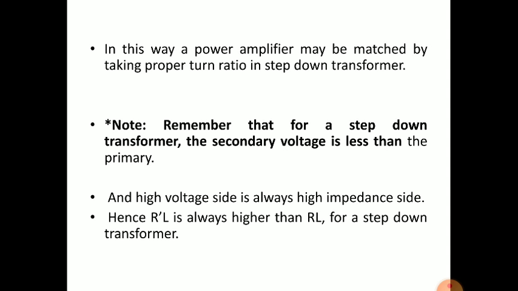In this way a power amplifier may be matched by taking the proper turns ratio in a step down transformer. Note, remember that for a step down transformer the secondary voltage is less than the primary, obviously. And the high voltage side is always the high impedance side. Hence RL dash is always higher than RL for a step down transformer. From these typical values and examples we can understand those relations.